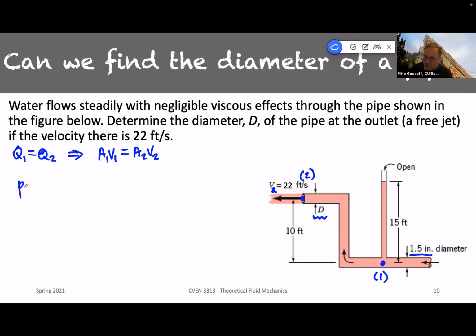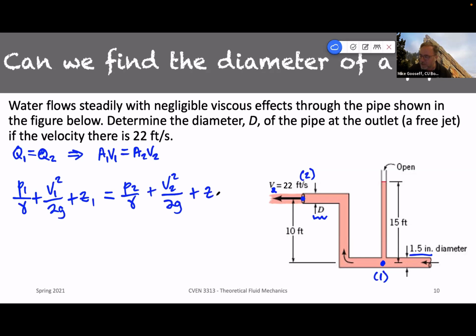So P1 over gamma plus V1 squared over 2g plus Z1 is equal to P2 over gamma plus V2 squared over 2g plus Z2.